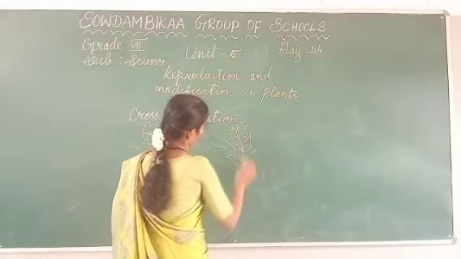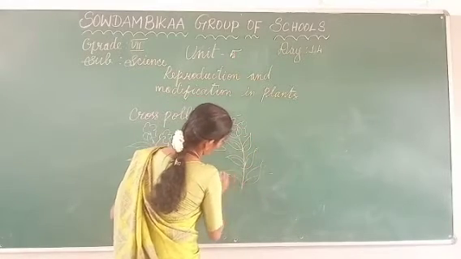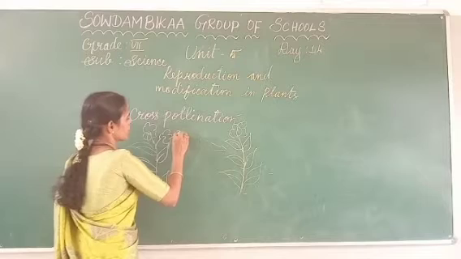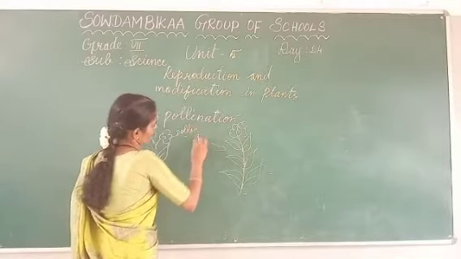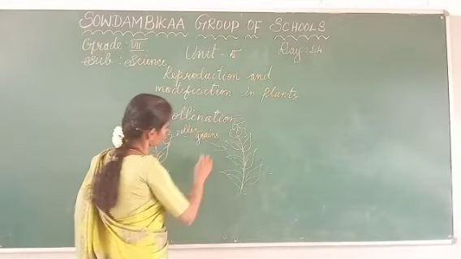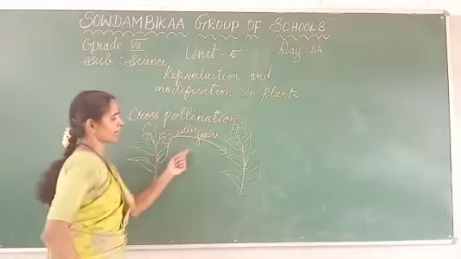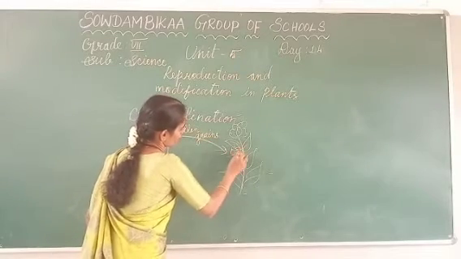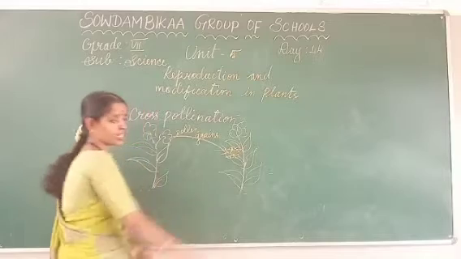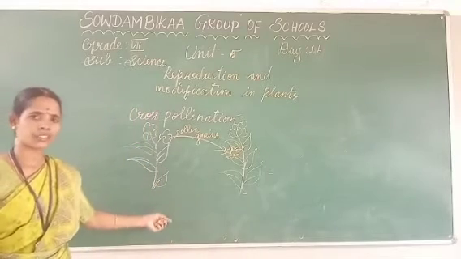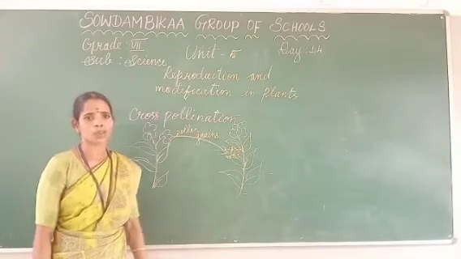In the same kind of plant, the pollen grains are transferred to another part of the flower, but in the same kind only. Okay, are you clear about this? Are you clear about the pollination?